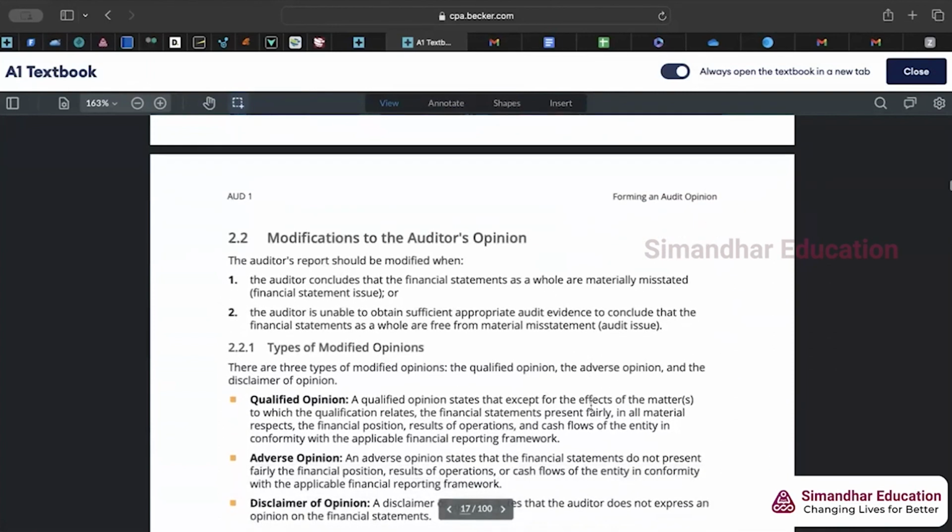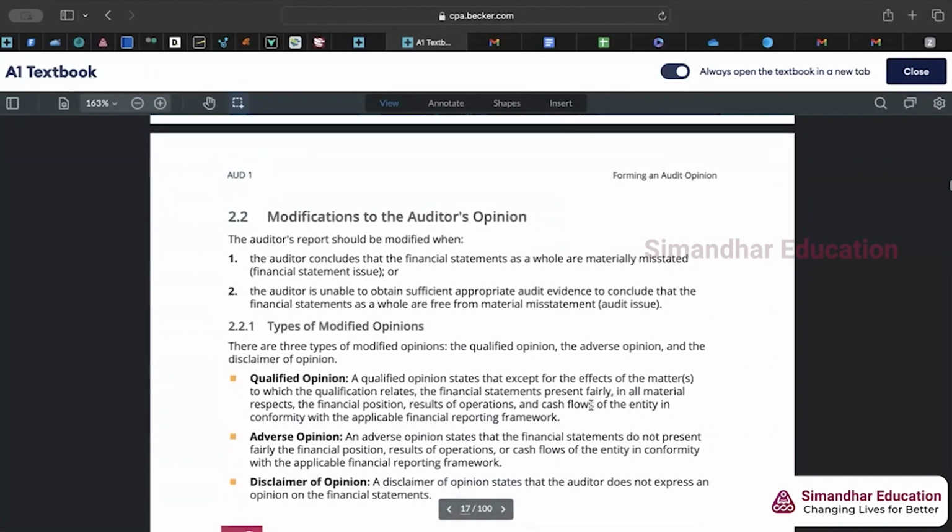Okay. Now, let's go to modifications to the audit opinions. There are three types of modifications that can be made. Under audit issues and financial statement level issues, one is qualified opinion, which is common in both. A qualified opinion states that except for the exception that you noted, financial statements are fairly presented.